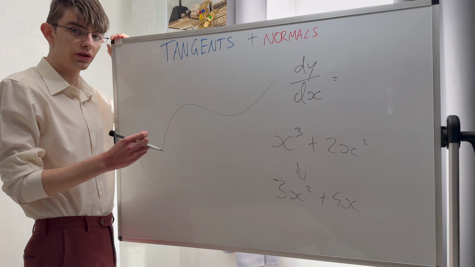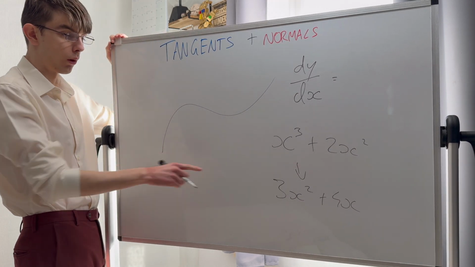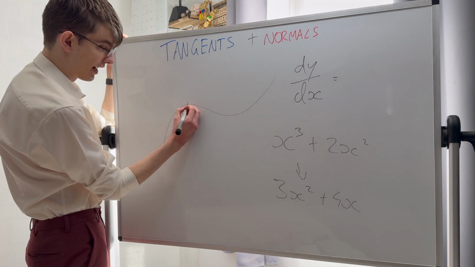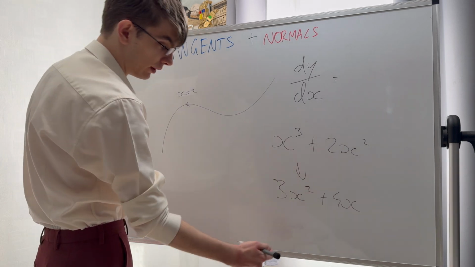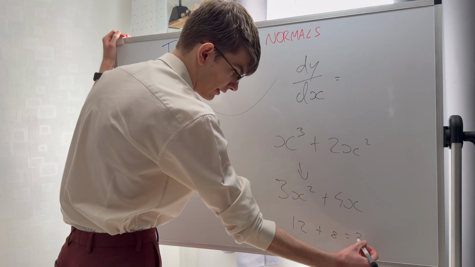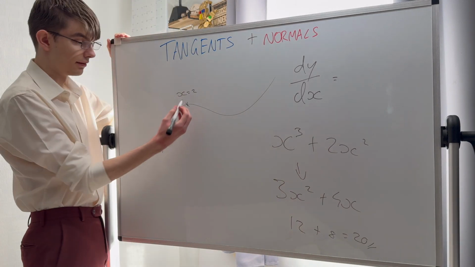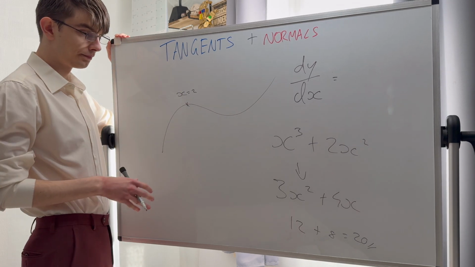And this tells me what the gradient will be at any point on this graph when I put in its x value. So say this value here was x equals 2. If I put 2 into here, I get 3 times 4, 12 plus 8. My gradient is 20 at this point here. That's an awful point to choose, but you get the idea.